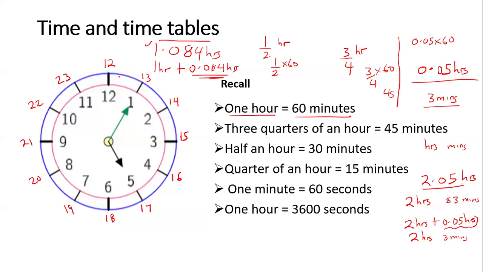So you can come on your clock, you draw it, and then you can say that if it is 13, it means it is 1. If it is 14, it means it is 2. If it is 15, it is equivalent to 3. In case it is 16, it is equivalent to what? To 4. So you can draw it on your clock in case you have forgotten. But remember, the minutes remain the same. They do not change. The only thing that changes are the hours. The rest of the things remain the same. So that one is really very, very important.